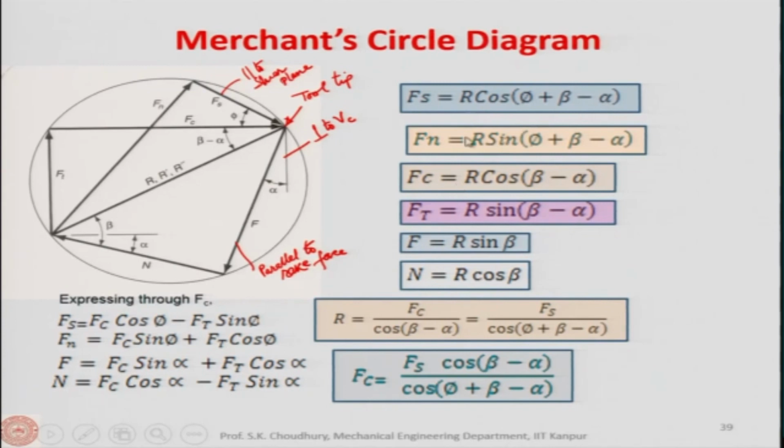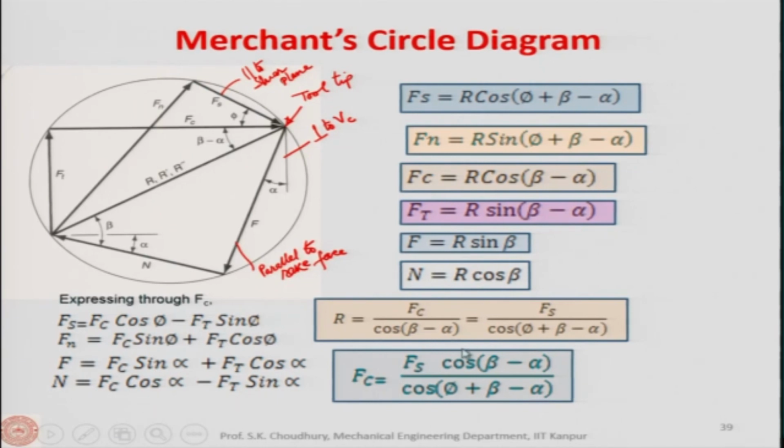From here, suppose you take R. R is equal to Fs divided by cos of phi plus beta minus alpha. And from here you can find that R is equal to Fc divided by cos of this. This is what we have written here. From here we can find out the value of Fc, which is Fs and the cos of this divided by cos of phi plus beta minus alpha.